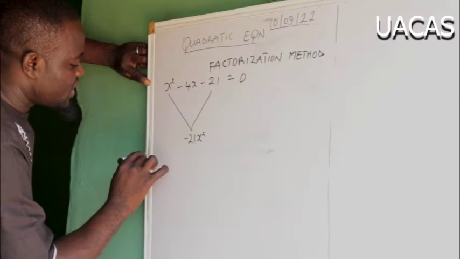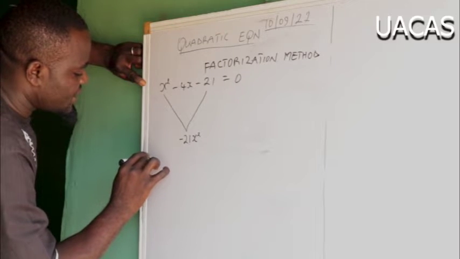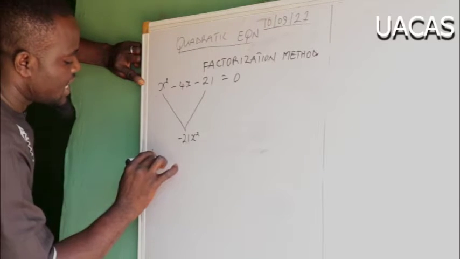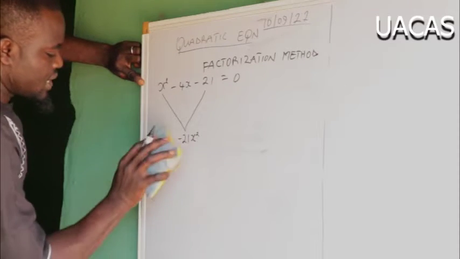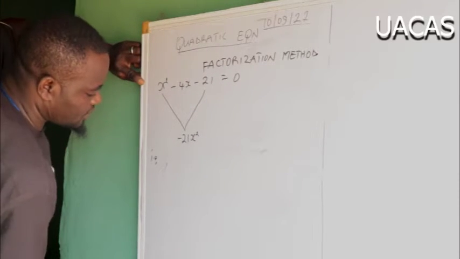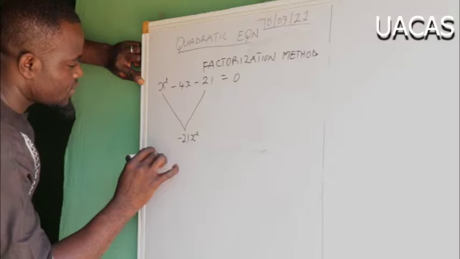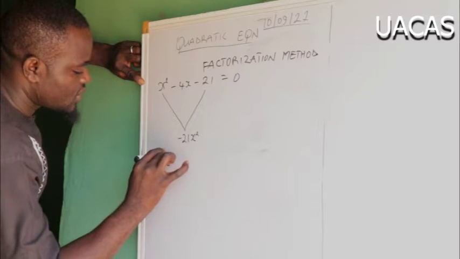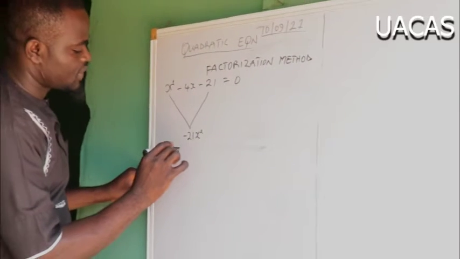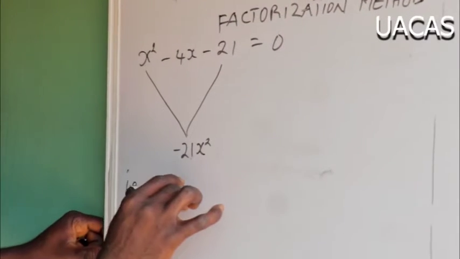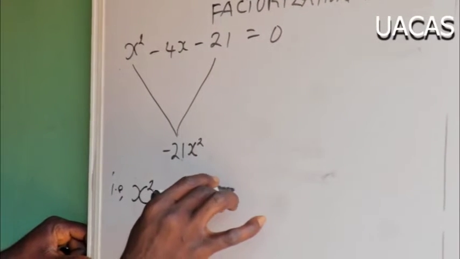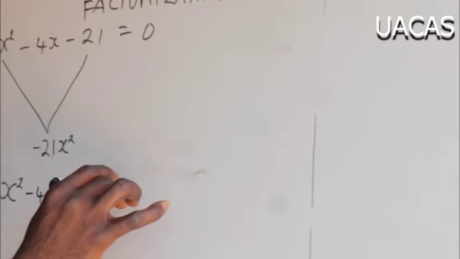That means the equation is x squared minus 4x minus 21 equals 0.